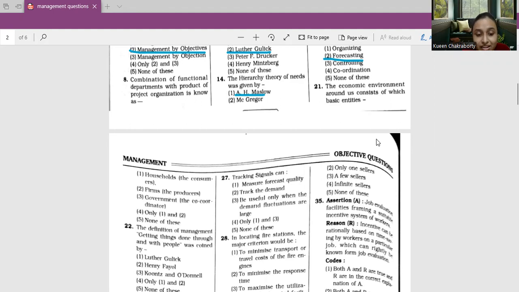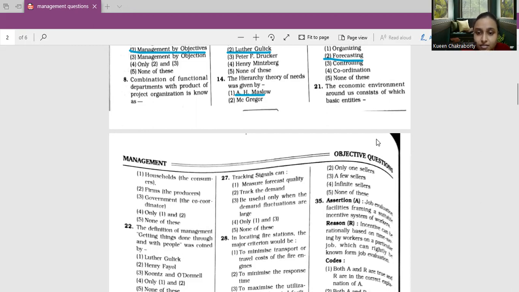This mutual give and take becomes a complex phenomenon if there is no one to overlook the activities of these entities. That is where there is the need of management. This role is played by the third entity, which is the government. So all the three entities, the household, the firms, and the government, play an important part in the economic environment around us.